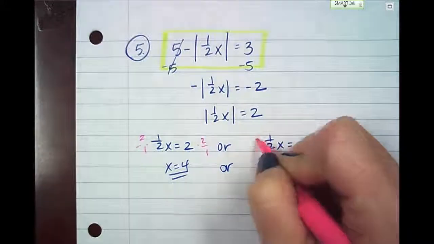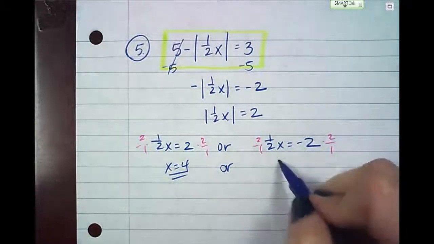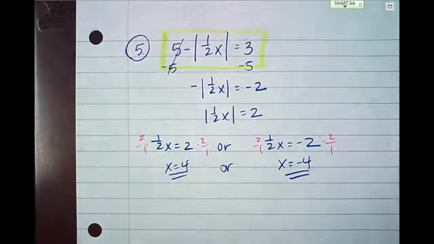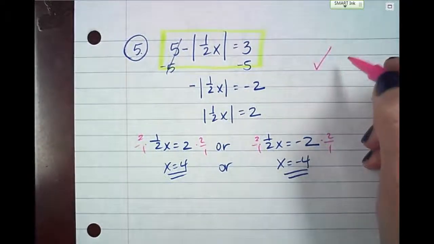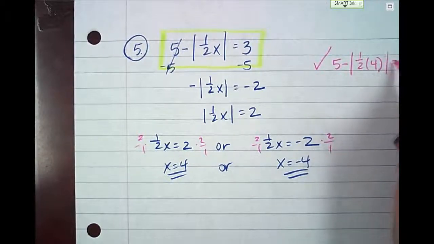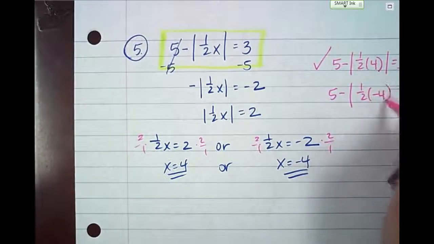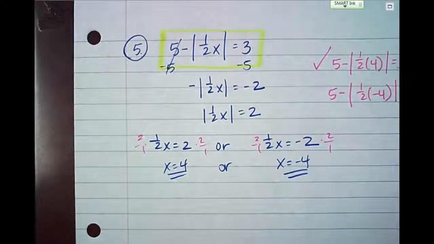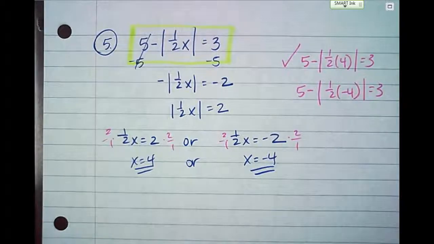Same on this side. X equals -4. You can check if you like. You should, to make sure that you both work, and that you didn't make any mistakes.